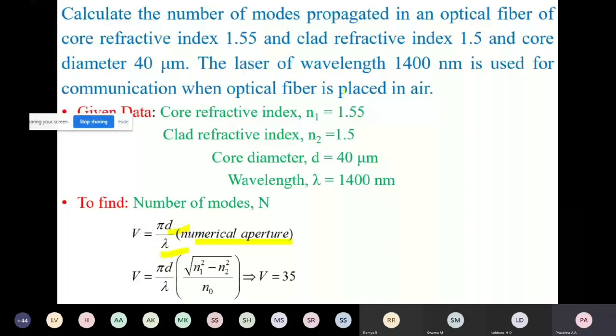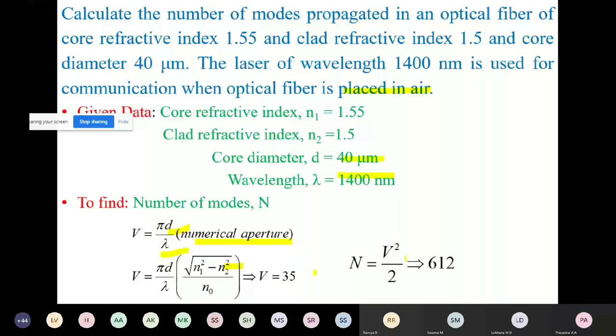Yeah, it is given, placed in air, it is clear. So n naught is equal to 1. n1 is given 1.55. n2 is 1.5. D is 40 into 10 power minus 6 meter, that is 40 micrometer. And wavelength is given 1400 nanometer. Substitute and get the value of V. And then N is V square by 2.